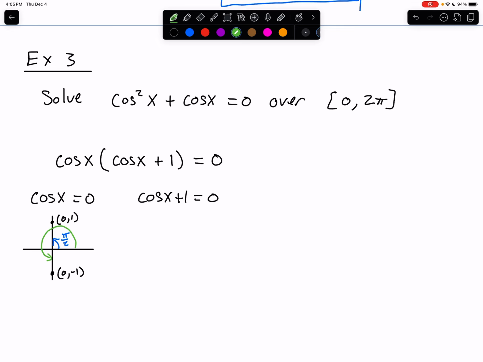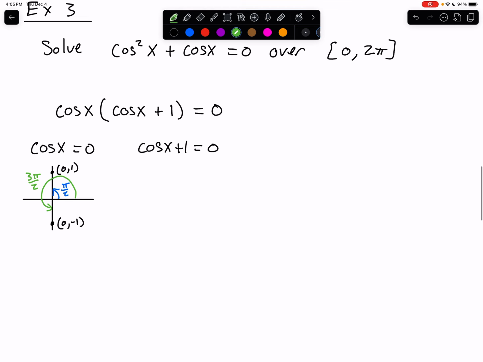The reason I want to go all the way around instead of just going negative 90 degrees is because negative 90 degrees is not within that interval. This is going to be 3 pi over 2. So that's 2 of my answers: x equals pi over 2 and 3 pi over 2. Again, I don't need the plus 2 pi k because I don't need all solutions.